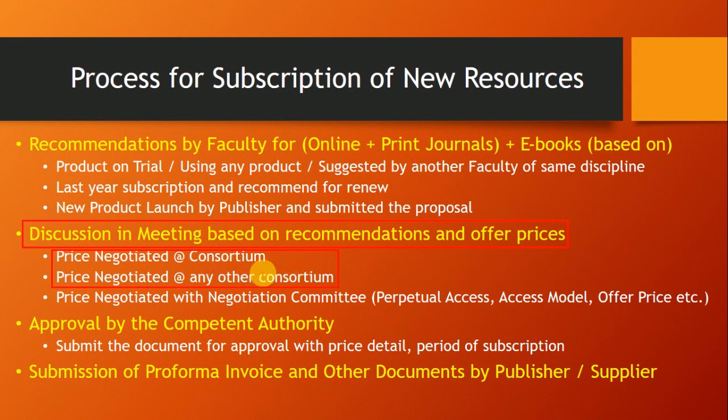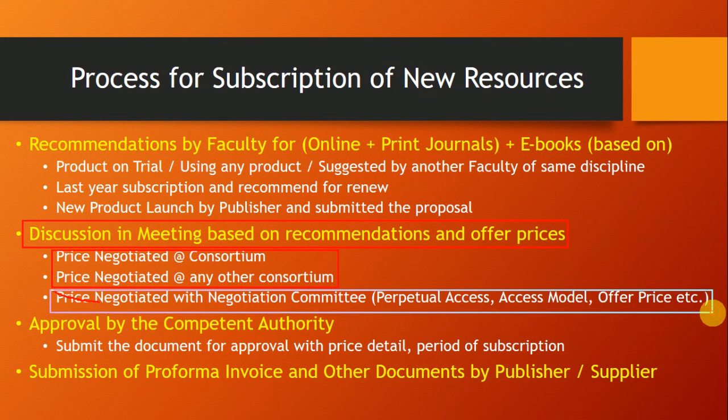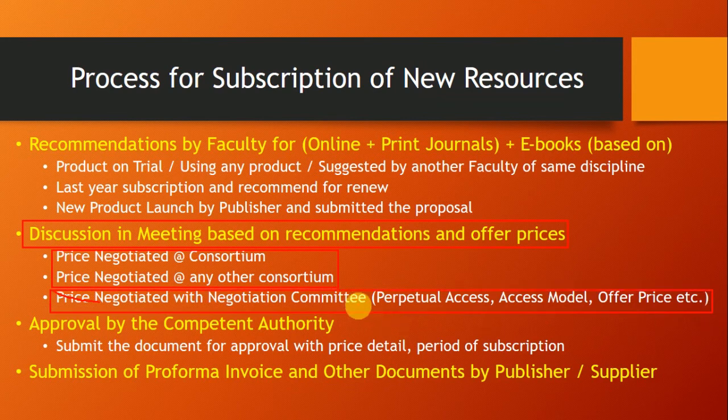If it is not, and the library is subscribing directly, in that case the library will negotiate the prices with the publisher or the content provider through a negotiation committee, and will mainly focus on some very important things: the perpetual access, the access model, and what the offer price is.